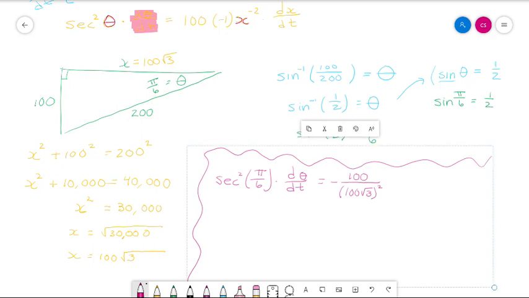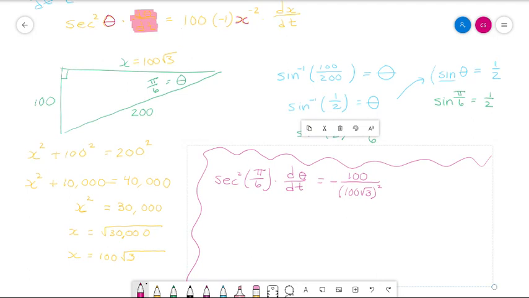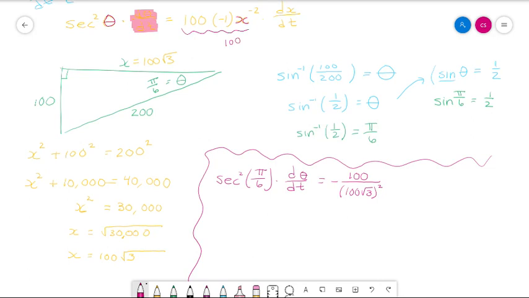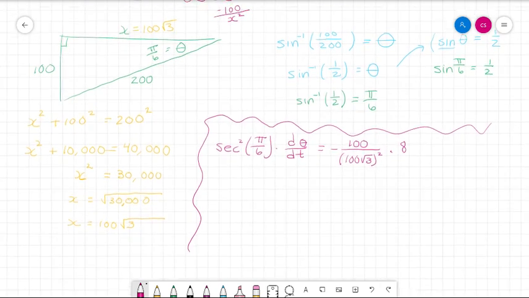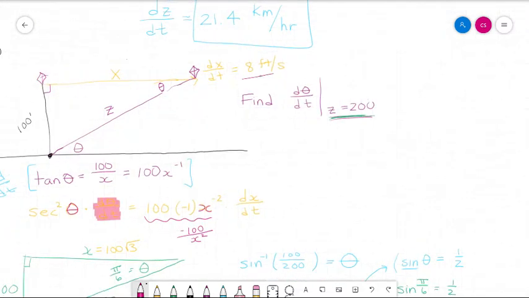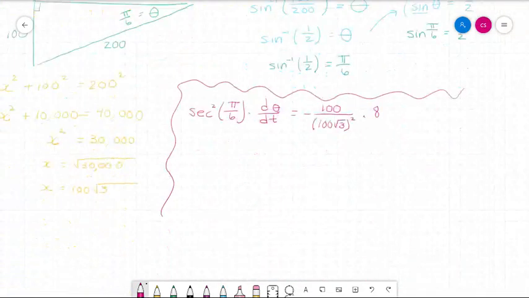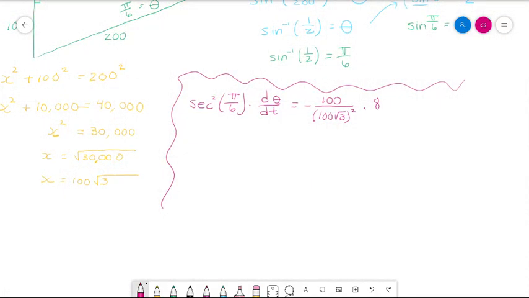So again, that move right there, I'm just saying that this is negative 100 over x squared. Just a little simplifying. All right, and then times dx dt, and dx dt is 8. All right, and again, dx dt, that was original information. All right, so let's start simplifying. So secant squared of pi over 6, remember secant is 1 over cosine. So what's the cosine of pi over 6?